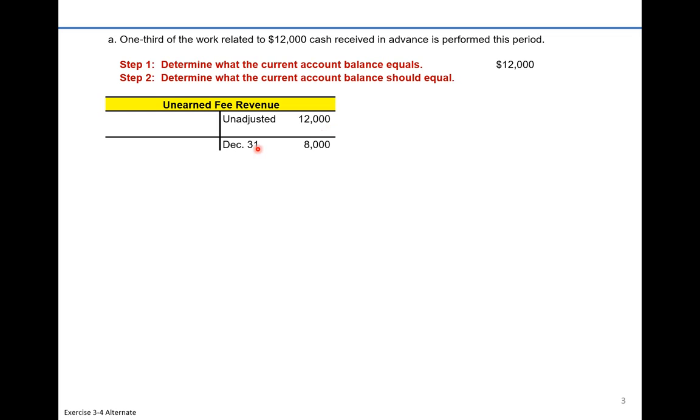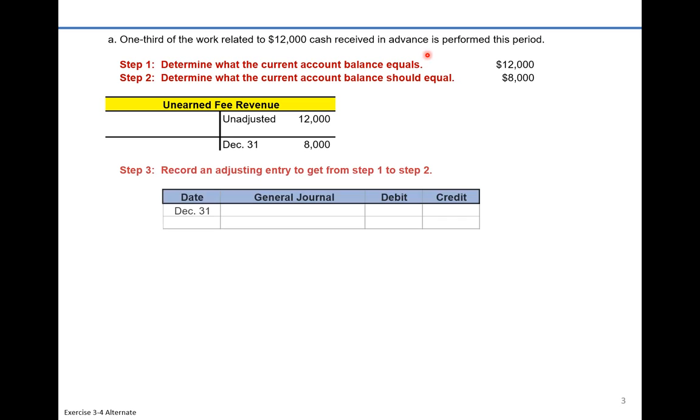Well, if 1/3 of the work related to the $12,000 cash received in advance is performed in this period, how much was used up in this period? An $8,000 amount is left, because 1/3 of 12,000 is 4,000, so 4,000 of the work was used up. So we're going to debit this unearned revenue account for 4,000.